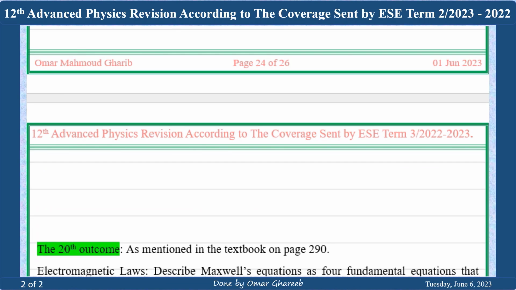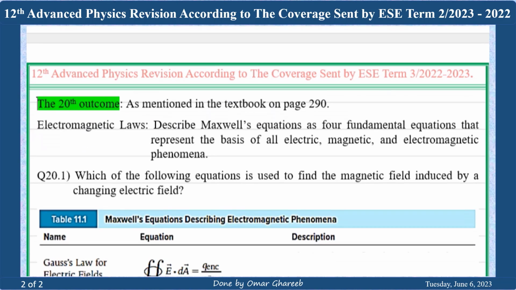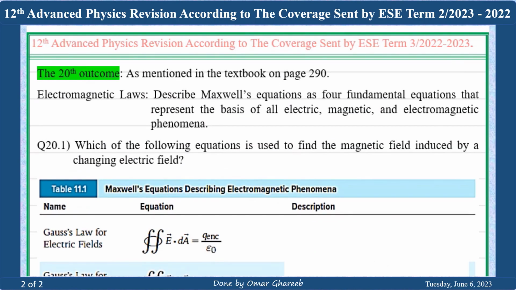Finally, the last outcome. Here, the outcome is to describe Maxwell's equations as 4 fundamental equations that represent the basis of all electric, magnetic, and electromagnetic phenomena.